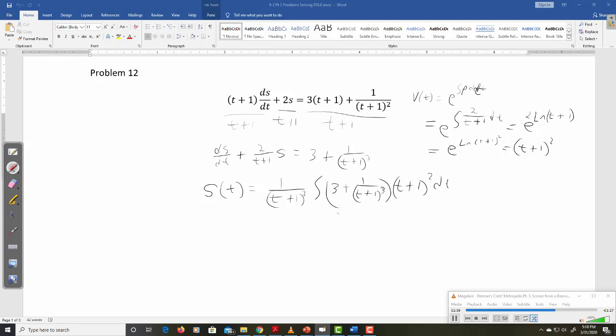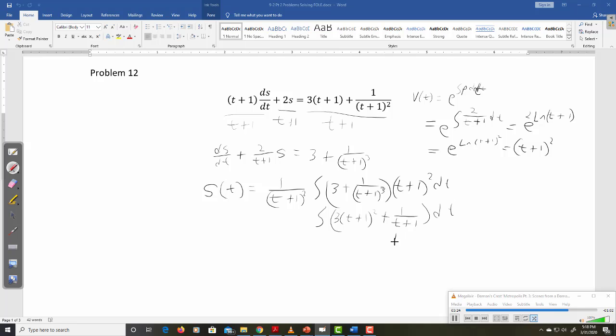Multiply that through, we've got 3 times t plus 1 squared plus, oh, 1 over t plus 1. So we're integrating that. Still got to multiply that when we're done.